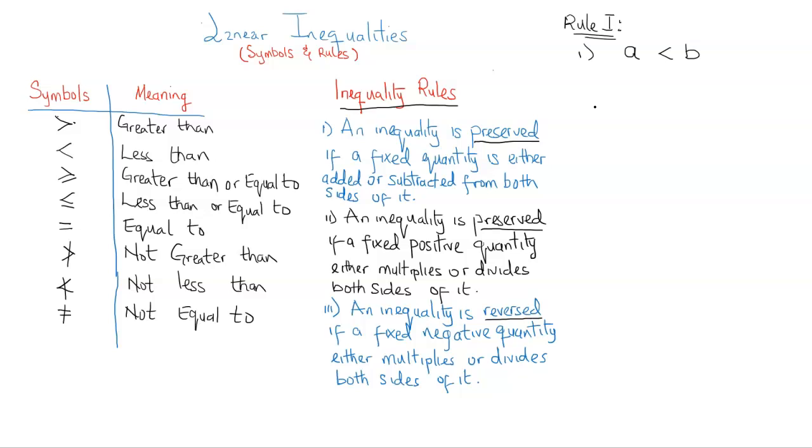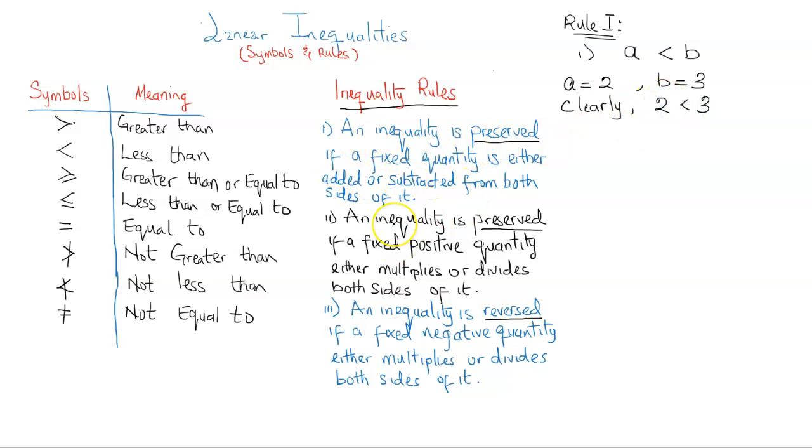Now, to make it very easy for us, let's use numbers, what we can always relate with. So for the first rule, we are going to let A be equal to 2 and B be equal to 3. It's so obvious that 2 is less than 3.